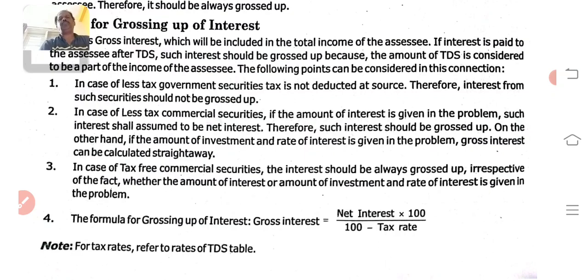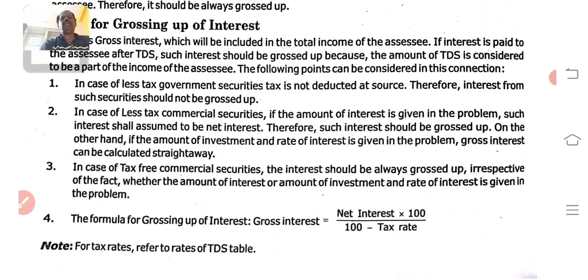In case of less tax commercial securities, if the amount of interest is given in the problem, such interest shall be assumed to be net interest. Therefore, such interest should be grossed up. On the other hand, if the amount of investment and rate of interest is given in the problem, gross interest can be calculated straightaway.